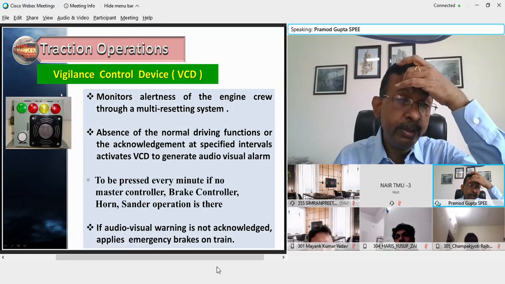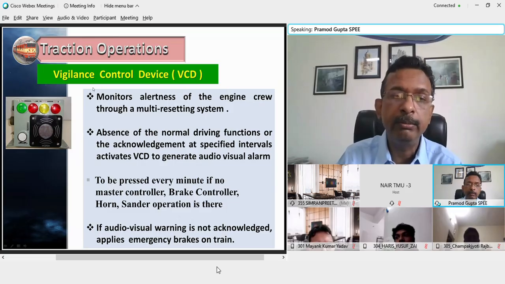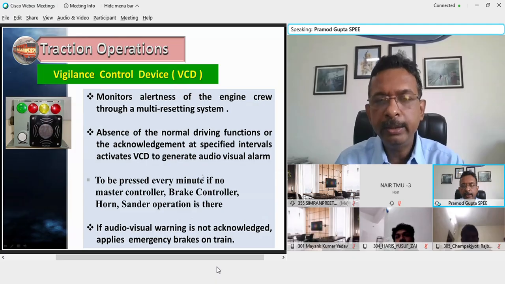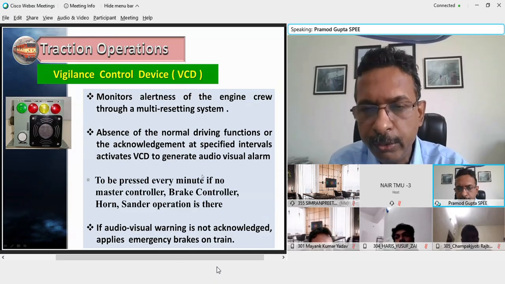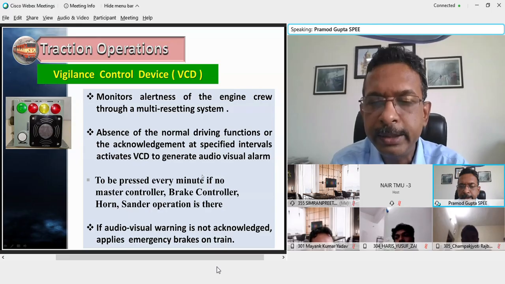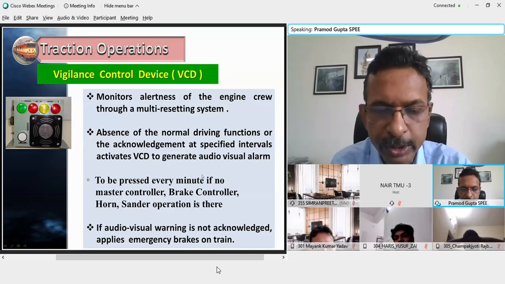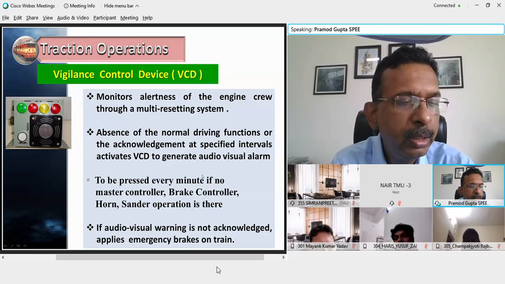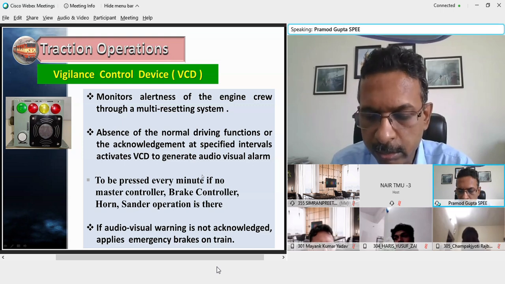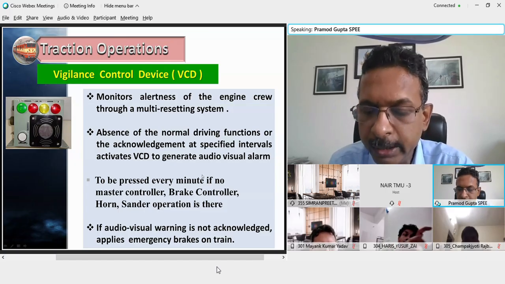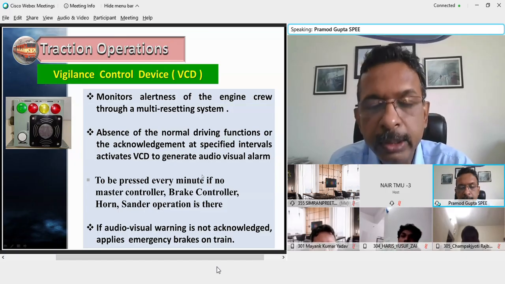Here is another equipment we have, the vigilance control device, also known as VCD. It checks the alertness of the crew, and there is an arrangement that we have to press a switch at regular intervals to signal to the equipment that he is alert and not sleeping.